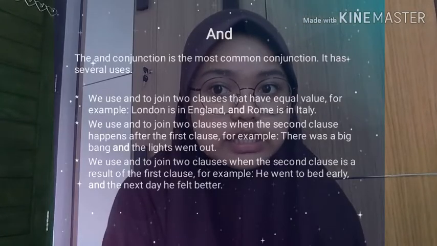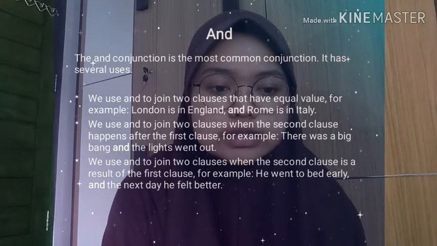The most common of these coordinating conjunctions are and, but, and or in that order. Note that a comma must come before the coordinating conjunction except when the clauses are short, in which case the comma is optional.